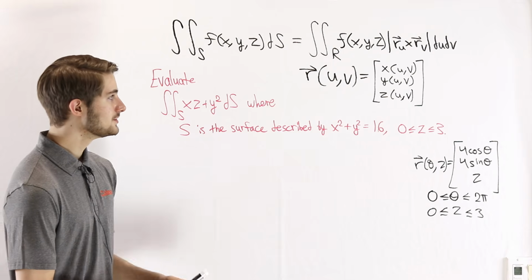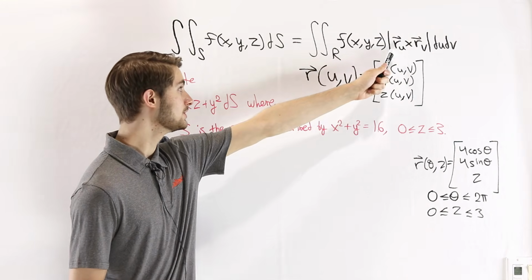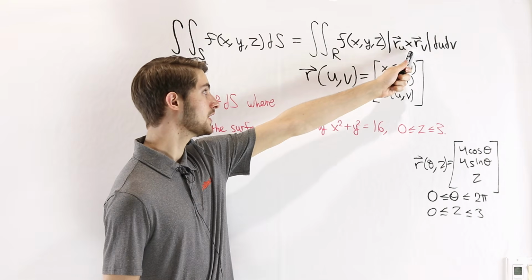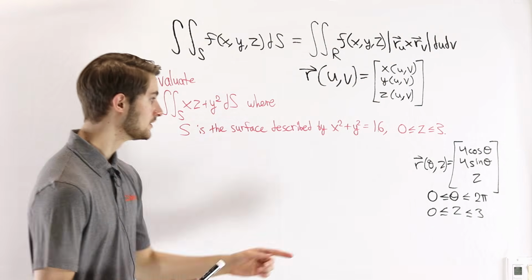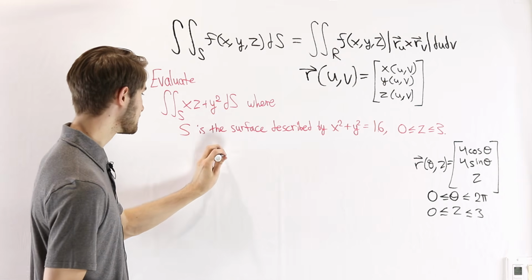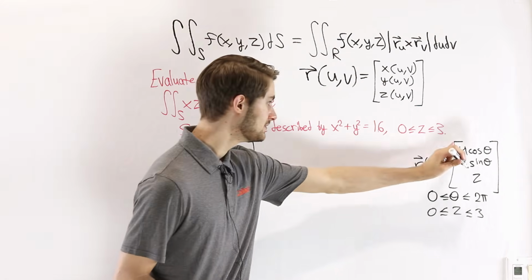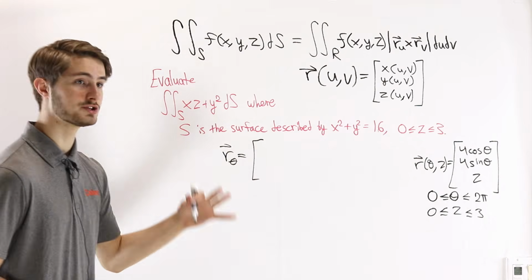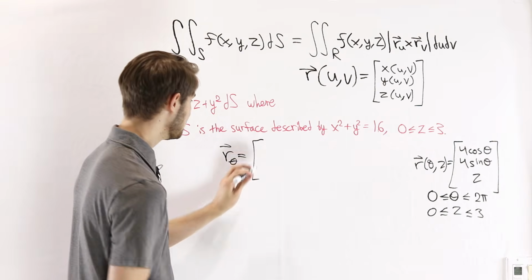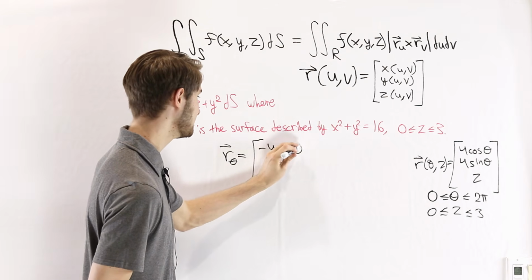The last thing that we need to do is calculate the magnitude of this cross product. In our case, that's going to be r sub theta cross r sub z. So we need to figure out those partial derivatives of this function. First of all, r sub theta, that's going to be the partial derivative of each of these components with respect to theta. For the first one, we're going to have the derivative of 4 cosine theta, which is negative 4 sine theta.